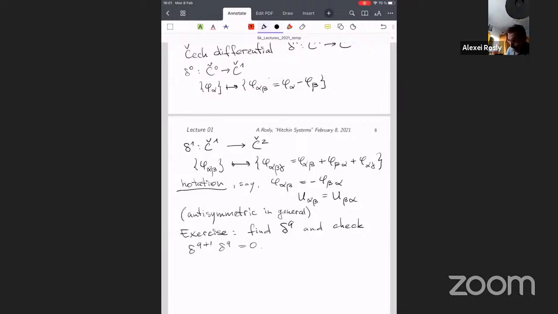In the case we considered, it is clear that delta_1 composed with delta_0 equals 0. If we compare delta_0 and delta_1, obviously the composition is 0.